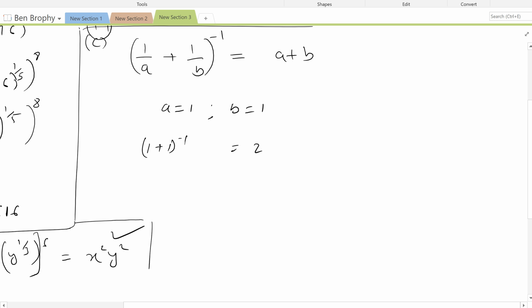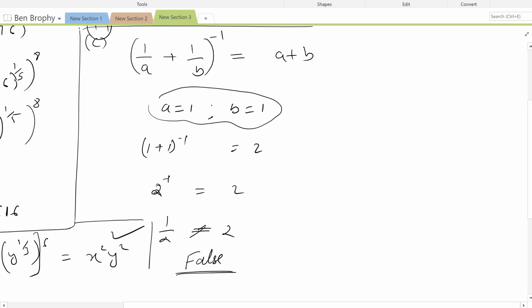Clearly they're not equal, because we got 2 powered by negative 1, and on the right hand side we have 2, which is not equal. So we have one example which proves that they are not holding the equality, so it's false.